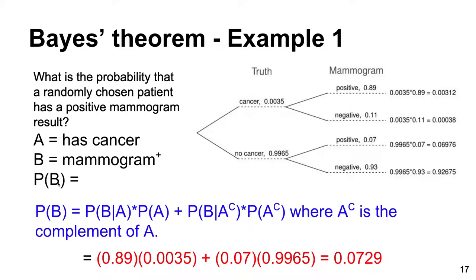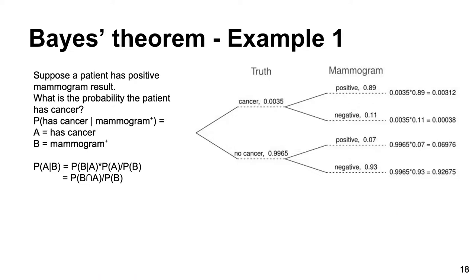Now, after we ask you what is the probability of having a positive mammogram, the next question the AP examiners love to ask is: suppose the patient has a positive mammogram, what is the probability the patient has cancer? Okay, that's what we want to find.